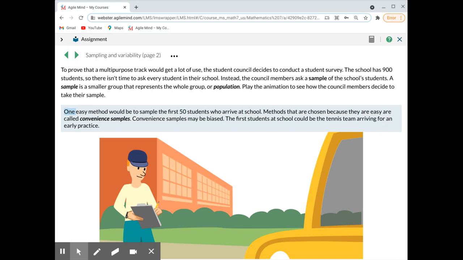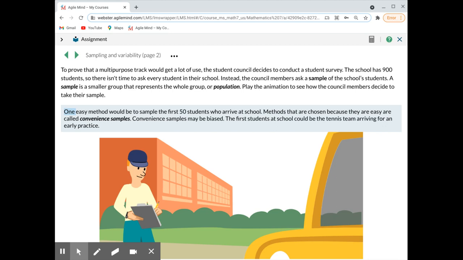So a convenience sample is convenient for us to do, but is it really going to be accurate? No. Probably not, because if somebody's getting there early for practice, then that's going to be the first 50 people you see. So it's going to look like more people are interested in something than the other people, right?